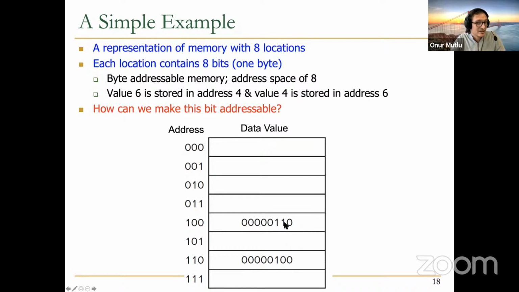So your address bits is essentially going to be 6. You will have 64 locations, each location storing 1 bit. And that's a bit addressable memory now. Alternatively, you can have a byte addressable memory like this.